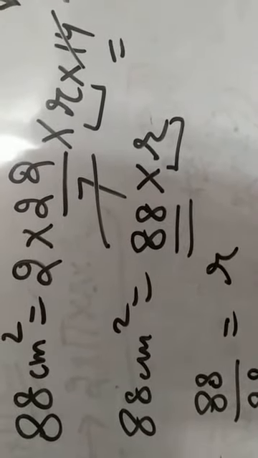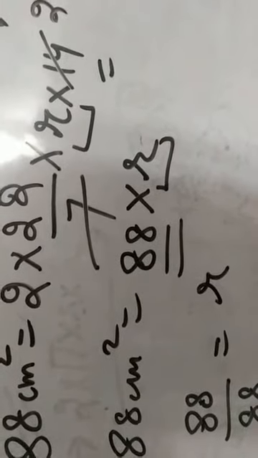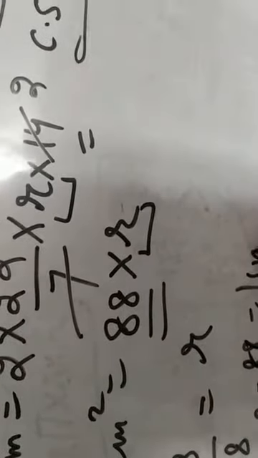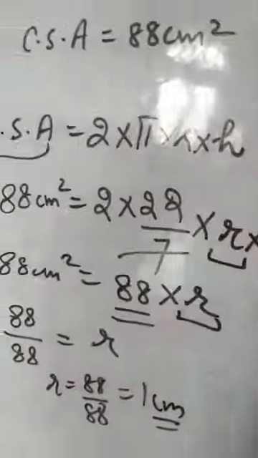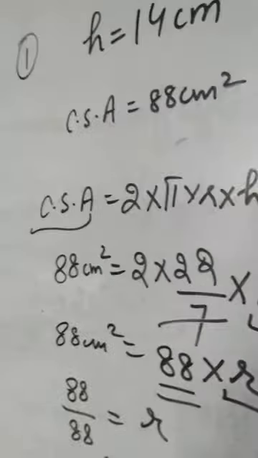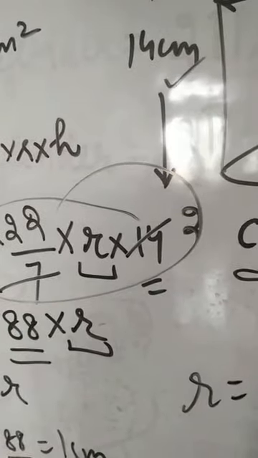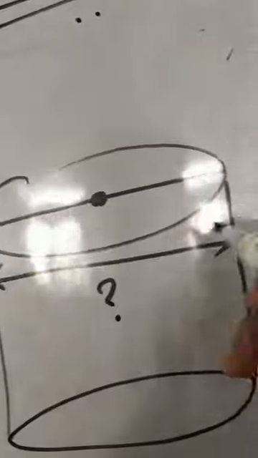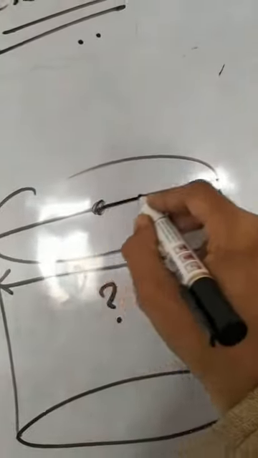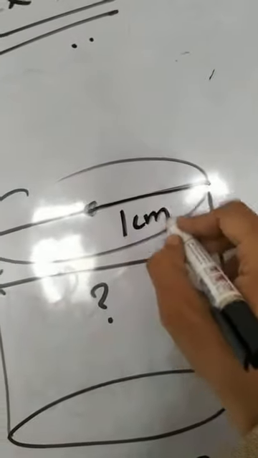So r is equal to 88 upon 88, 1 centimeter. So from this formula we found the value of r, which is 1 centimeter.